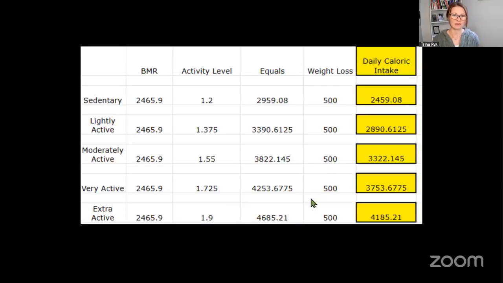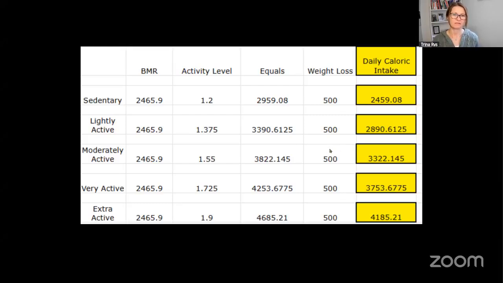So for that individual, you can see here that even if you're just lightly active, a calorie restricted quote unquote diet would mean you would be eating around 2,900 calories a day. And that is for weight loss. Okay. That's to lose weight.